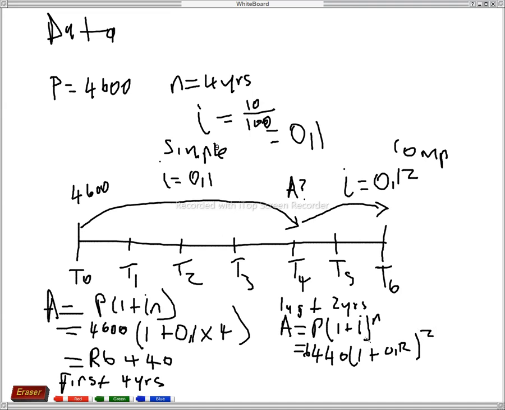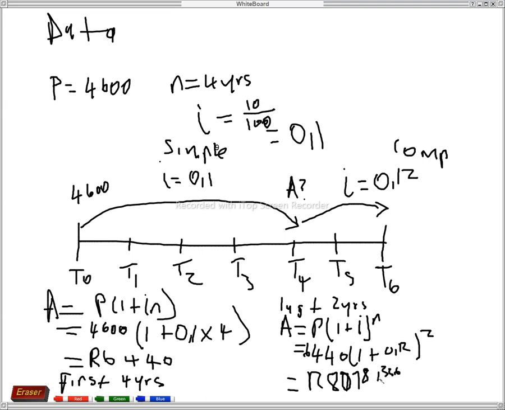Let me punch my calculator, and I find my final answer as 8,078.34. That was our final answer, the accumulated amount after 6 years.